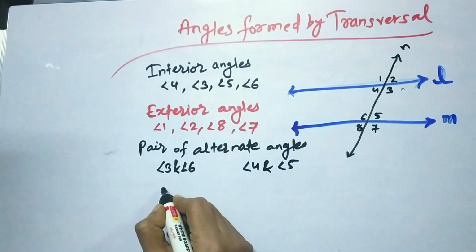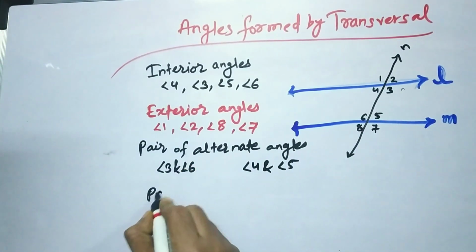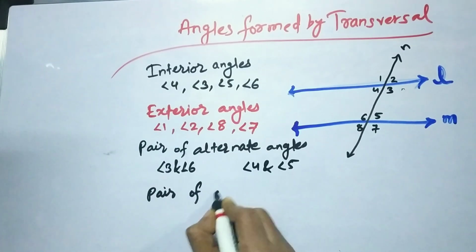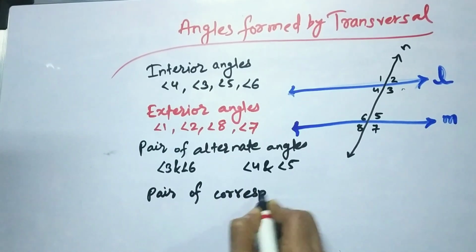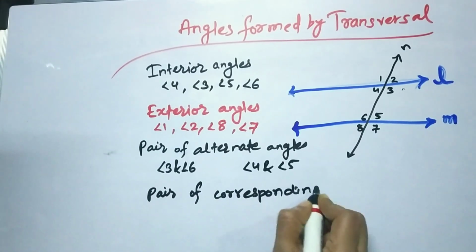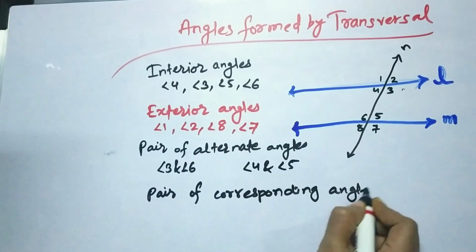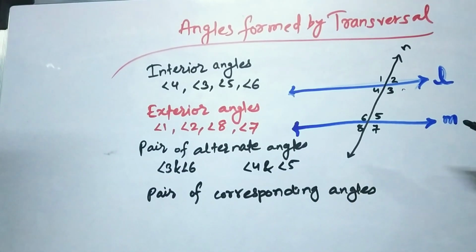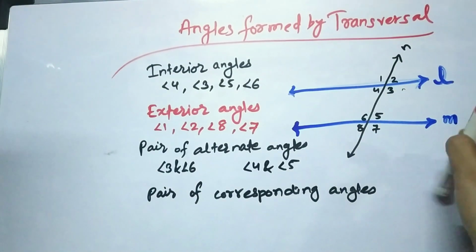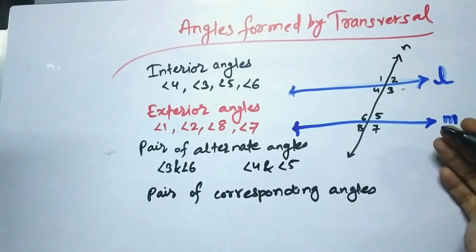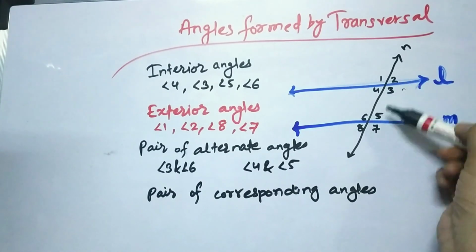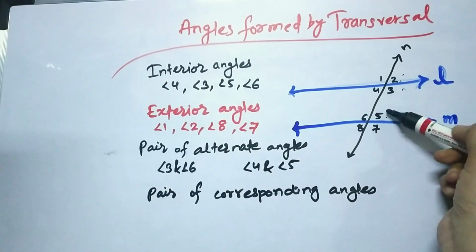You can say corresponding angles. Pair of corresponding angles. So corresponding angles are those angles which have the same position, means the same side of the transversal and above the lines, or same side of the transversal and below the lines, like 2 and 5.